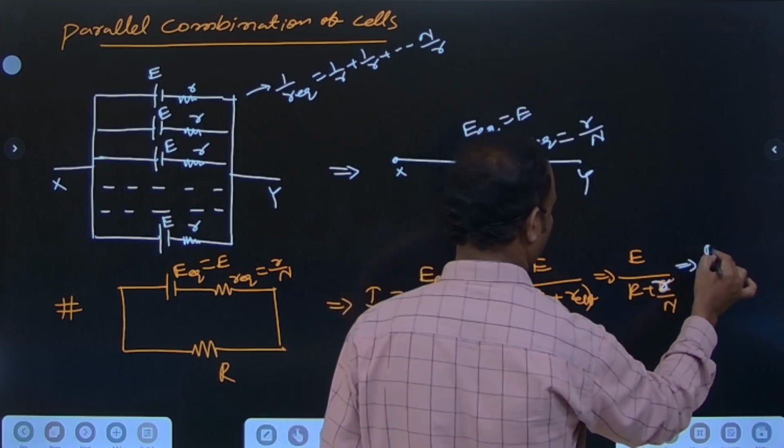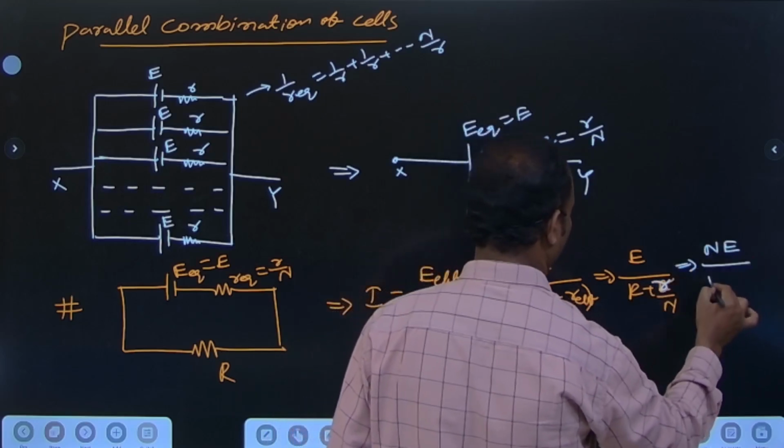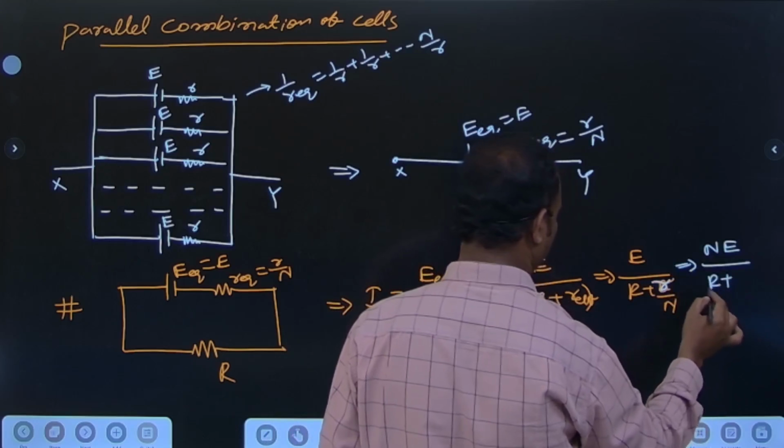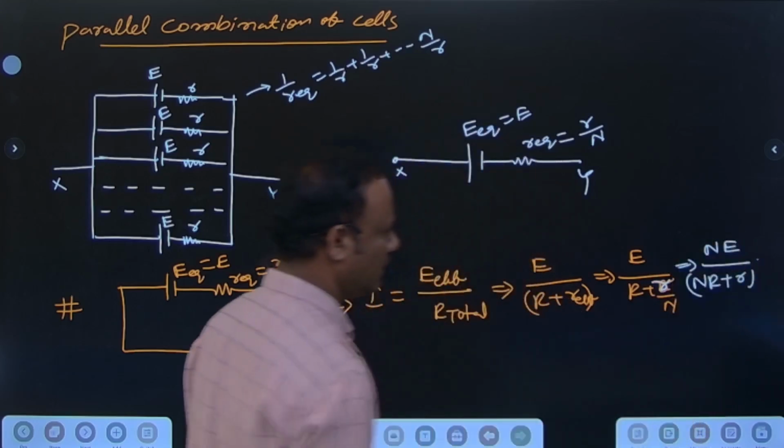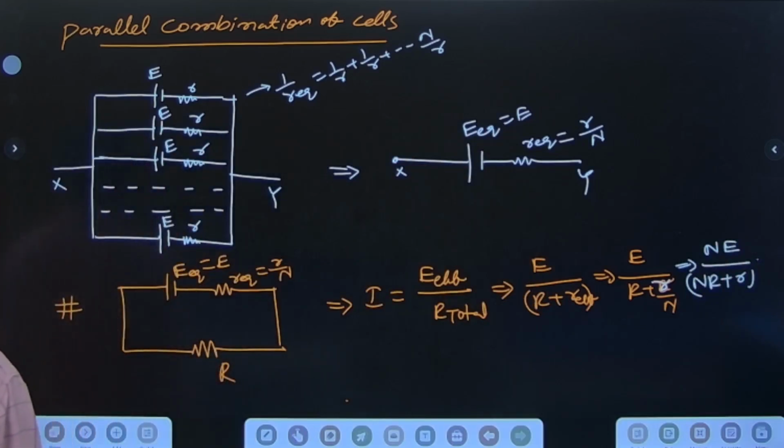So this is nE by nR plus small letter r, which is the relation. So for the mixed grouping of cells also we can use that.